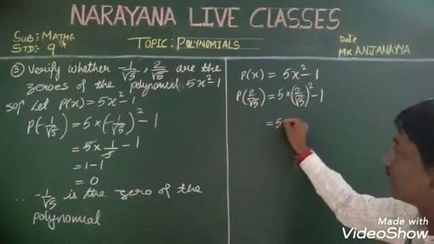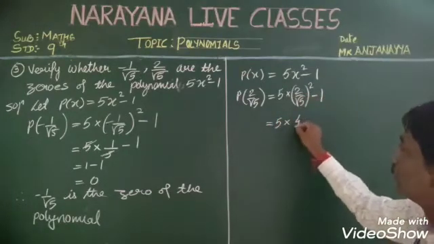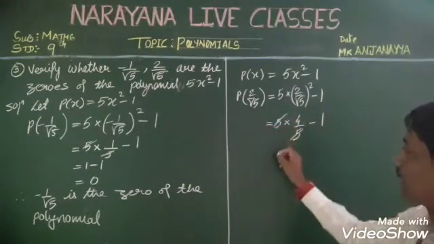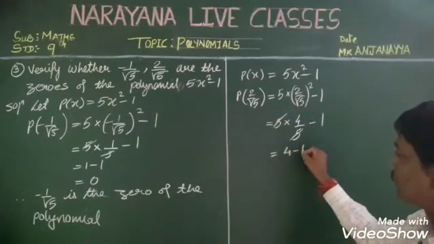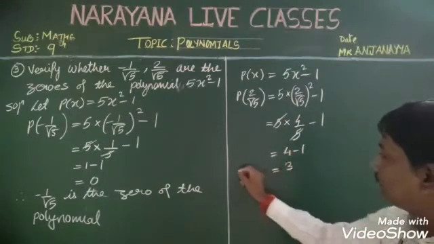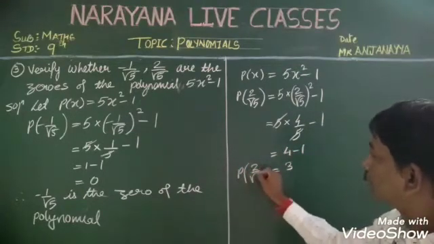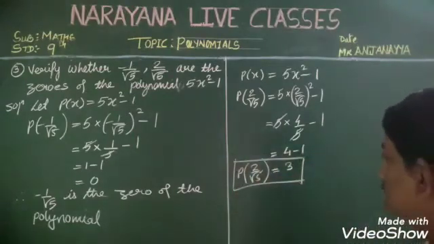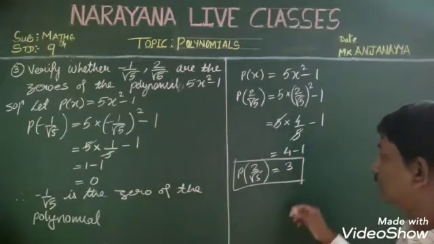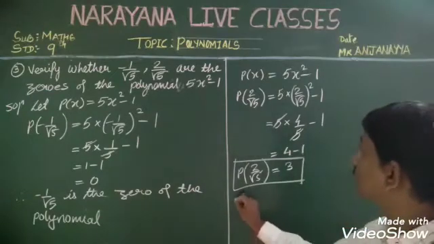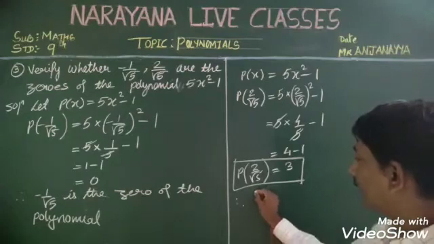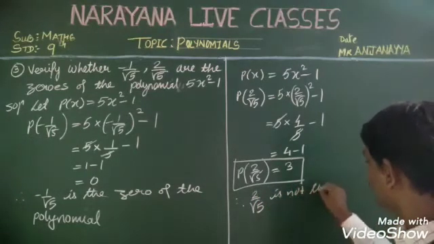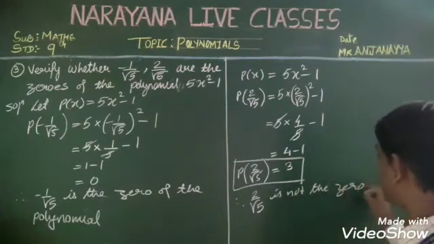That is equal to 5 into 2 square is 4, root 5 square is 5, minus 1. The 5 gets cancelled. What you get is 4 minus 1, and that is 3, which is my p of 2 by root 5. Since it is not equal to 0, therefore we say that 2 by root 5 is not a zero of the given polynomial.